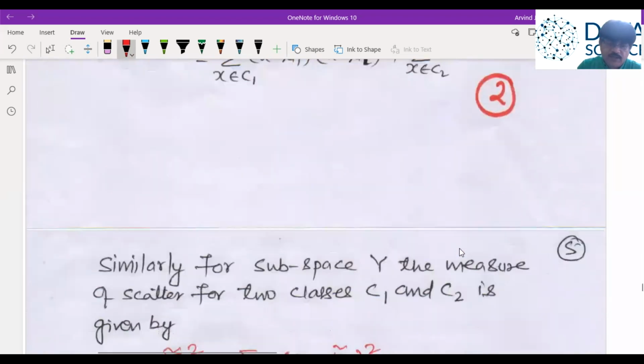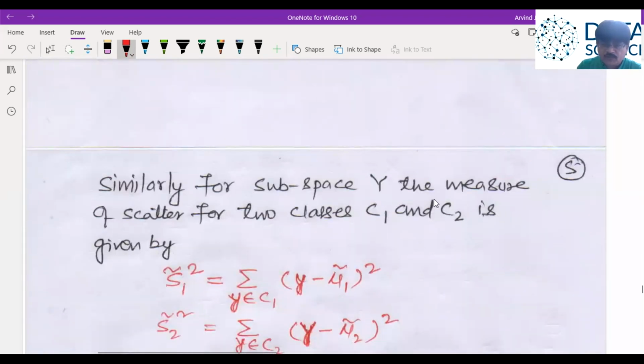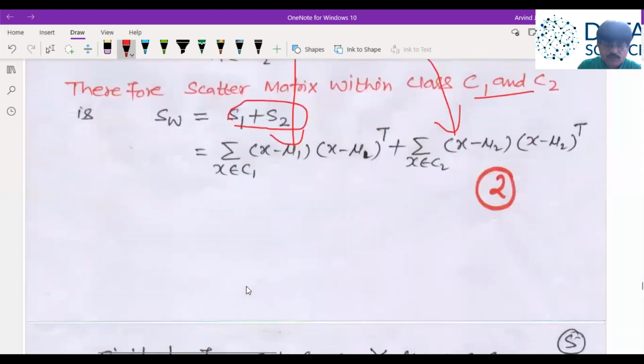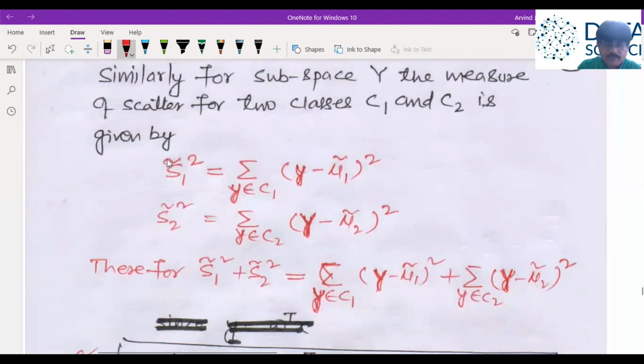Then another definition, similarly for subspace Y, the measure of scatter for the two classes C1 and C2. As we have taken the measure of scatter here S1 and S2, here we are taking the projection part of it. This is the sign of projection.